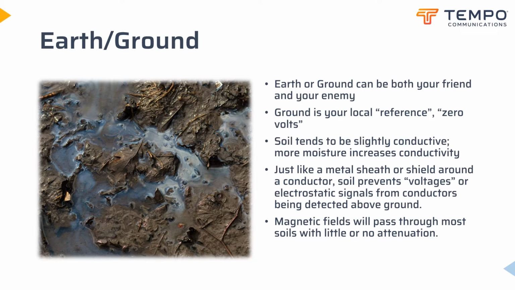Conductive soil will shield electric fields, preventing them from reaching the surface. However, magnetic fields will pass through most soil unaffected and are only slightly attenuated by iron-rich clays. Keep both these facts in the back of your mind.